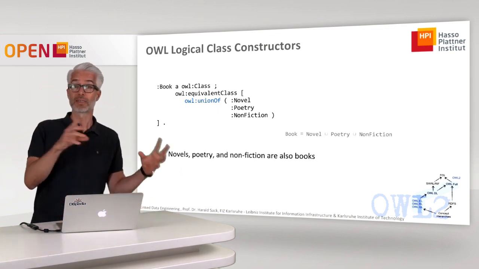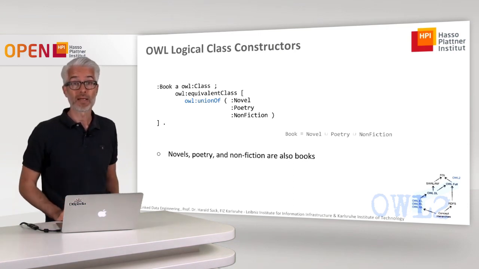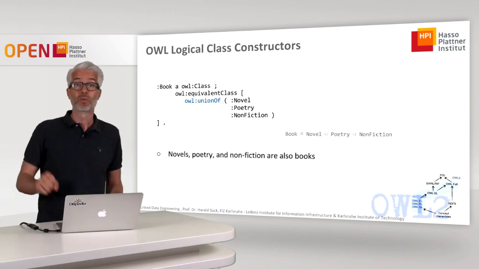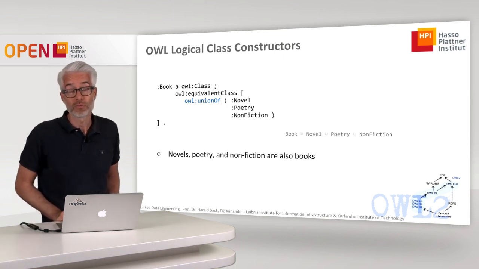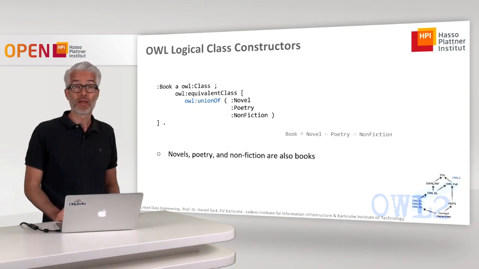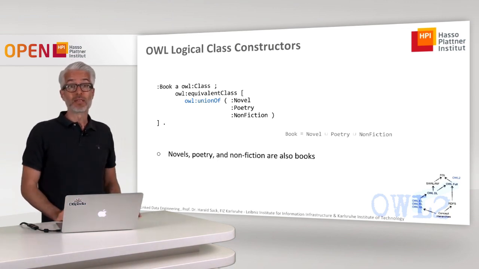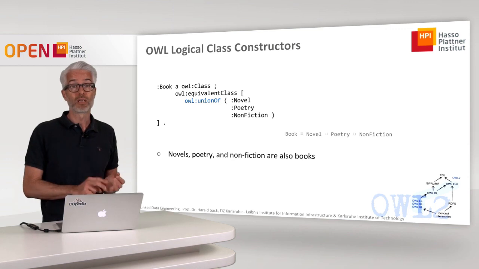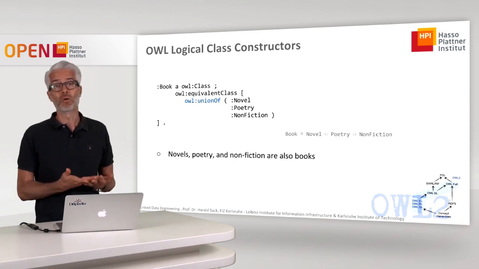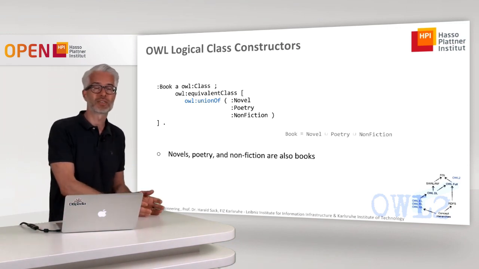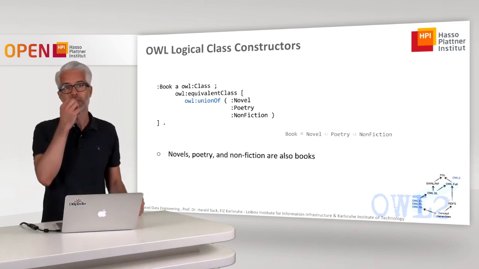So this points in the related graph to a blank node, and this blank node then is bound to an OWL unionOf, which says now this is a union of several classes, which are then simply named or enumerated in a collection, as you see here, as novel, poetry, and fiction. So this would be the OWL description of a union of classes. And I say book is a class which is equivalent to exactly this union.